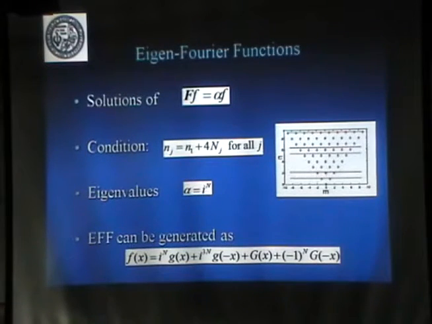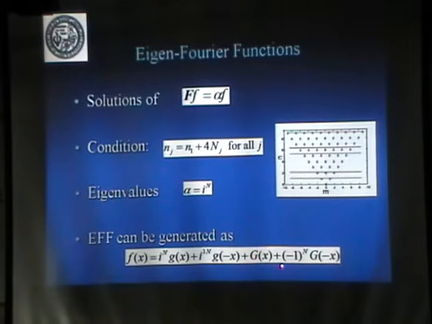Okay, so these are the eigen Fourier functions that have horizontal lines, and you can build any eigenfunction with this formula. You take any function g, you multiply by i to the n, where i is the imaginary unit. You take the symmetric, minus g of minus x, multiply by i to the n.